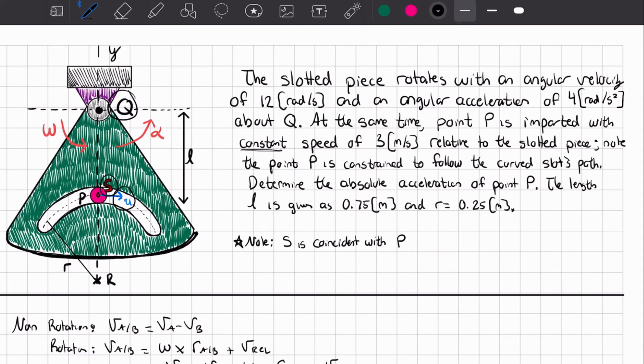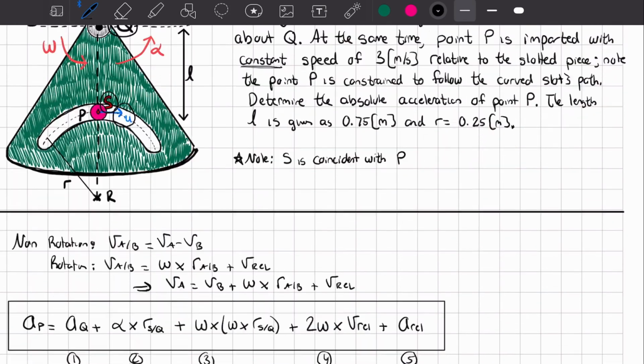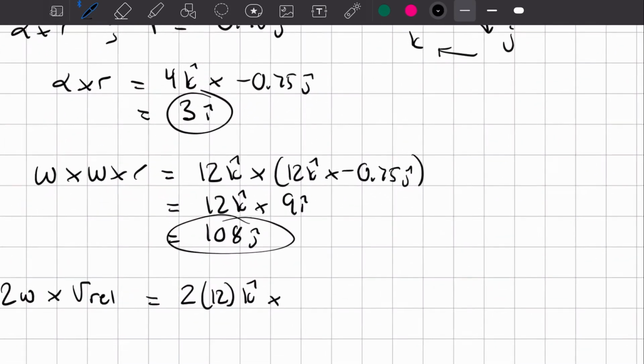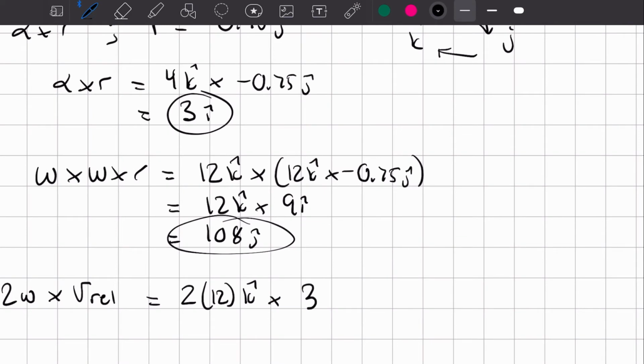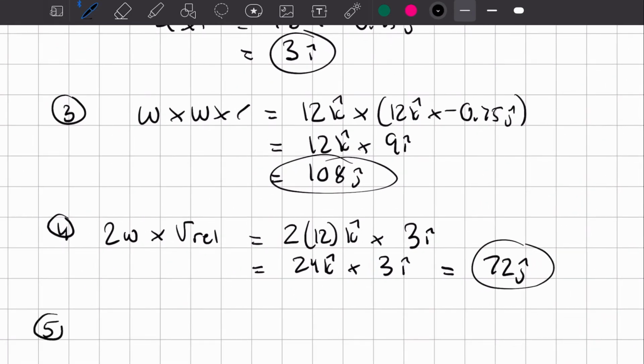So that u term is going to be the relative velocity of point P with respect to our rotating reference frame. So that's simply just going to be 3 i hat. So that comes out to be 24 k hat crossed with 3 i hat, which comes out to being 72 j hat.